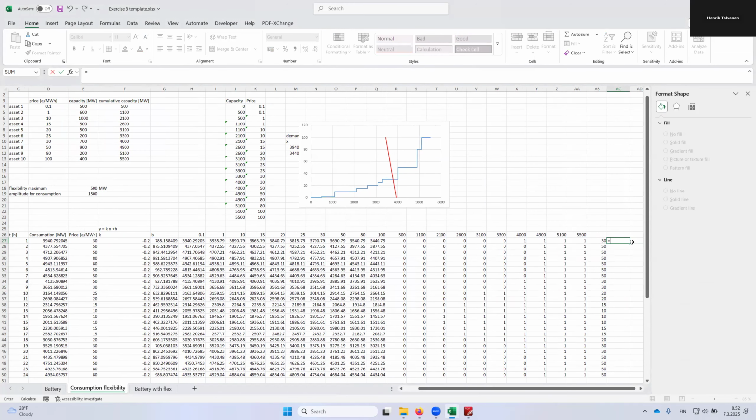X is going to be Y, which is the price, minus B divided by K. Let's see if it gives a reasonable solution.